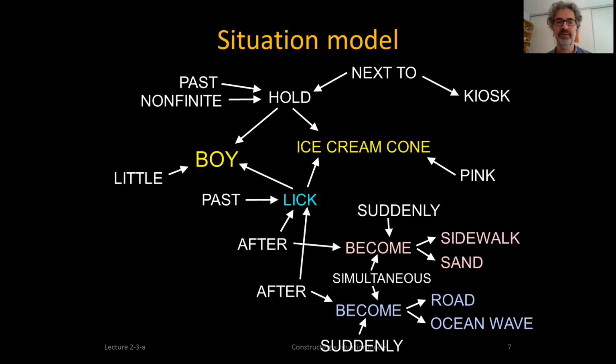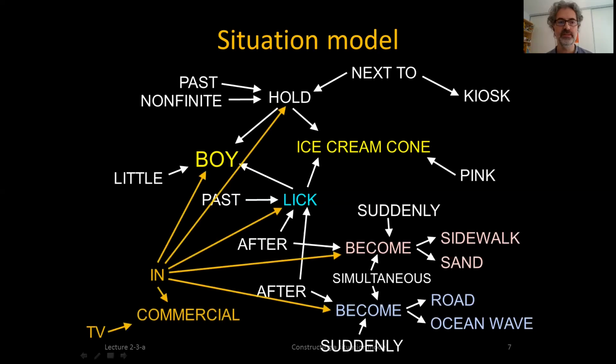So that's my representation of everything that happened in the first two sentences. This is the macro structure of the text, including two sentences. And then I'm skipping the intermediate sentences and going on to the last one.